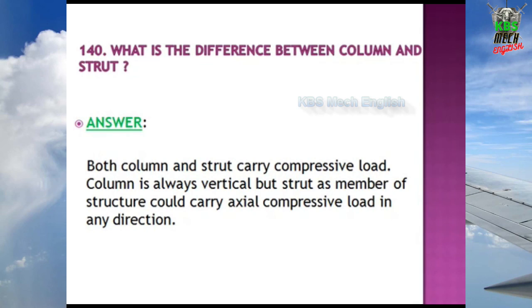Question number 140. What is the difference between column and strut? Answer. Both column and strut carry compressive load. A column is always vertical, but a strut, a stressed member of a structure, could carry axial compressive load in any direction.